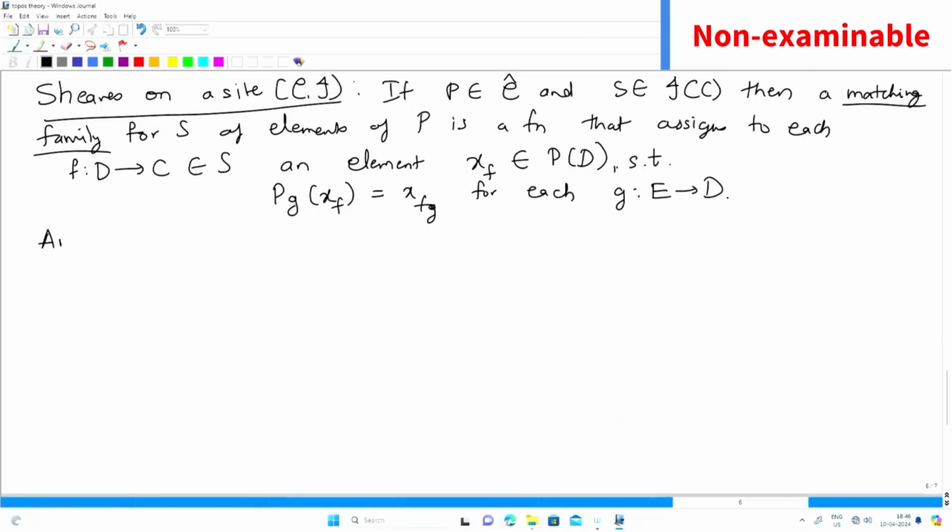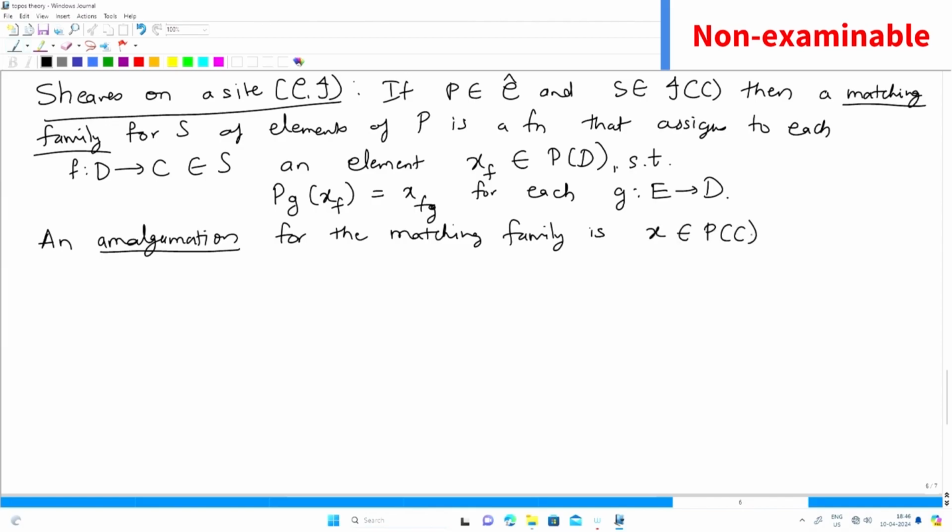Yes. So, an amalgamation for the matching family is some x in PC such that Pf of x is equal to xf for each f in S. Okay, so now what is the definition?